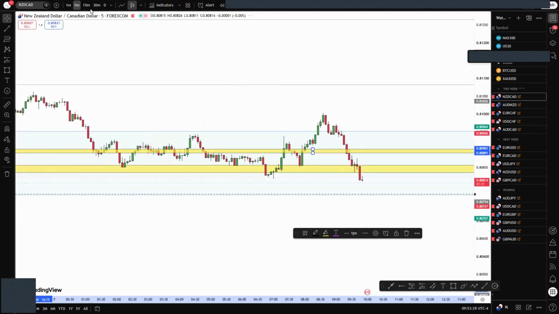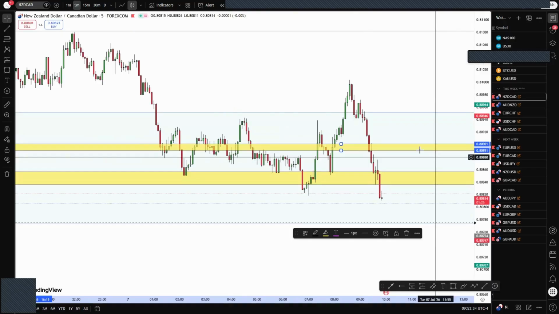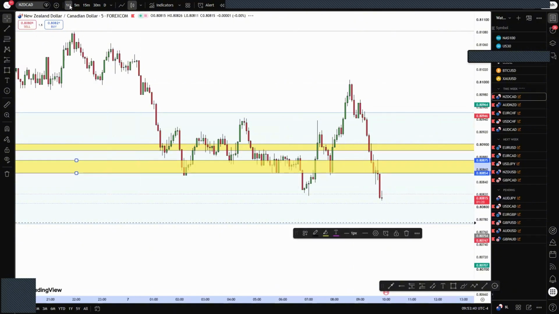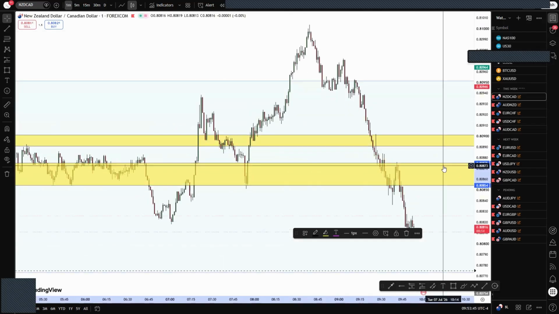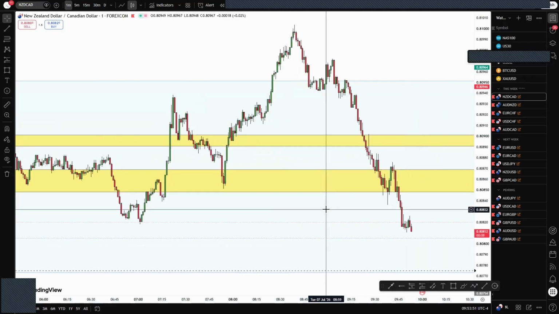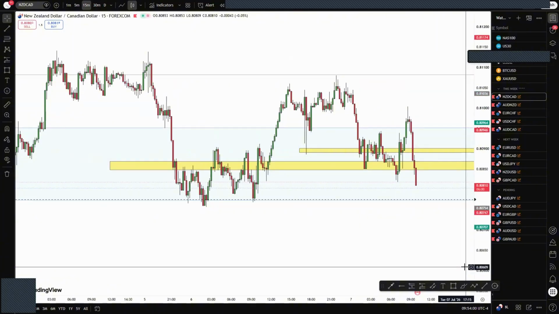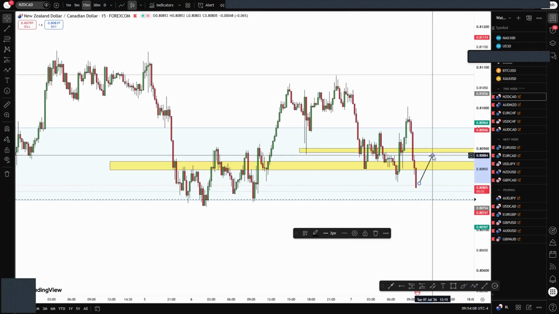On the daily time frame, we are also very much bearish. This is the level you can sell from. And on the 4 hour time frame, we are very much bearish. This is the level we can sell from. So you can clearly see that for now, this one has no trade. We need price to be here or there for us to sell.